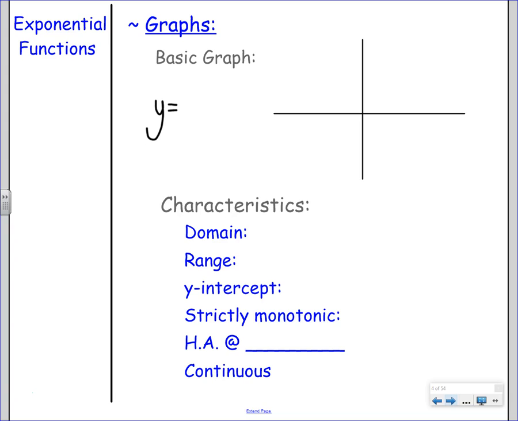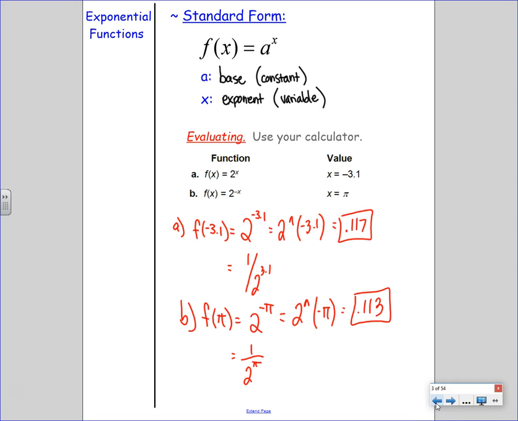Let's do 2. 0 isn't going to be a good base. 1's not going to be a good base, which is why we say for exponential functions that technically a needs to be greater than 0, but a cannot equal 1.